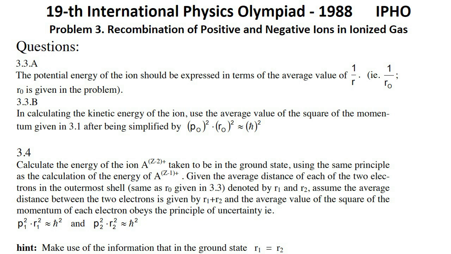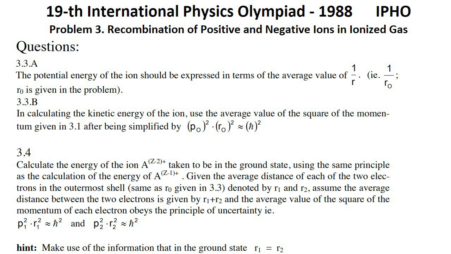Question 4. Calculate the energy of the ion A^(Z-2)+ taken to be in the ground state, using the same principle as the calculation of the energy of A^(Z-1)+. Given the average distance of each of the two electrons in the outermost shell, same as r0 given in 3.3, denoted by R1 and R2, assume the average distance between the two electrons is given by R1 plus R2, and the average value of the square of the momentum of each electron obeys the uncertainty principle.